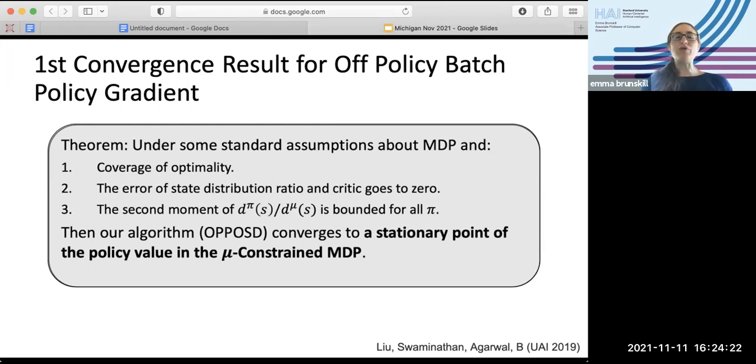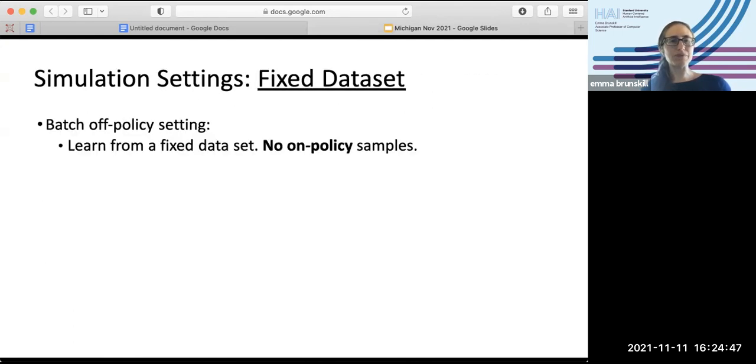Then given that, we will converge to a stationary point of the policy value. Now, I just want to be transparent here that we're not giving a global convergence guarantee, but neither does policy gradient. So we're saying that we are guaranteed to converge, which prior work was not, under these settings, to a stationary point, which in some ways is quite like the online policy gradient approach.